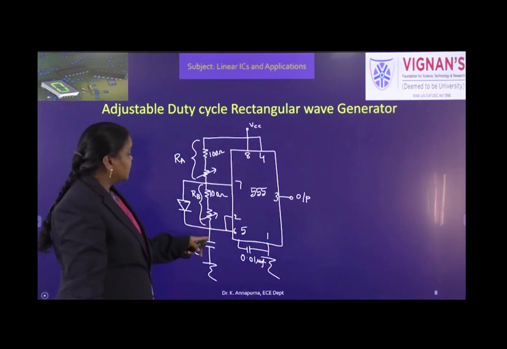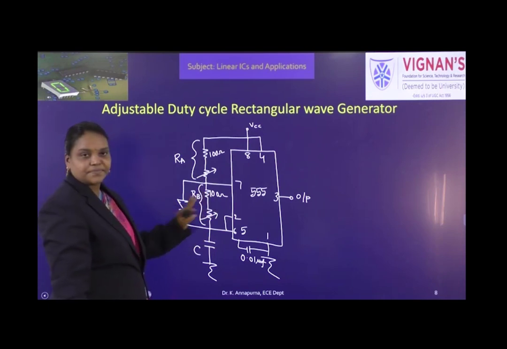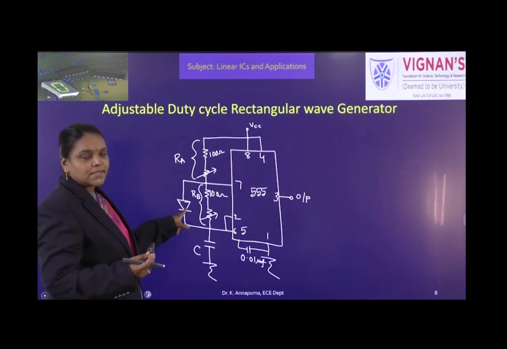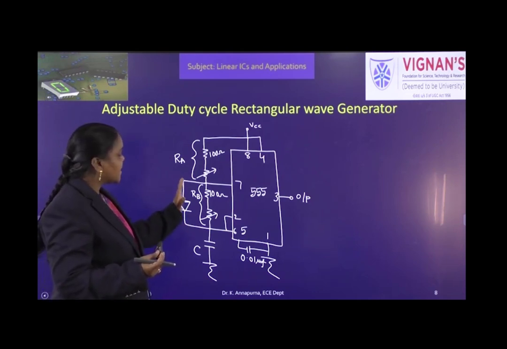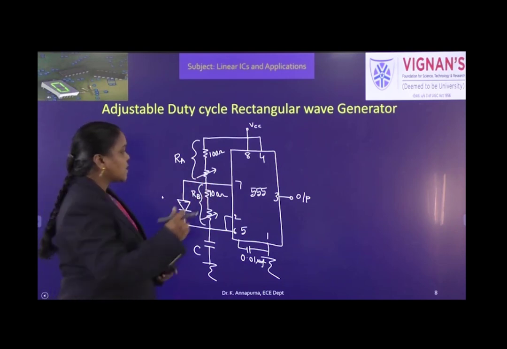Now what is happening? During the charging period, this diode will be forward biased. Forward biased means it will act as a short circuit. So there is no effect of RB. Now what is the on period?